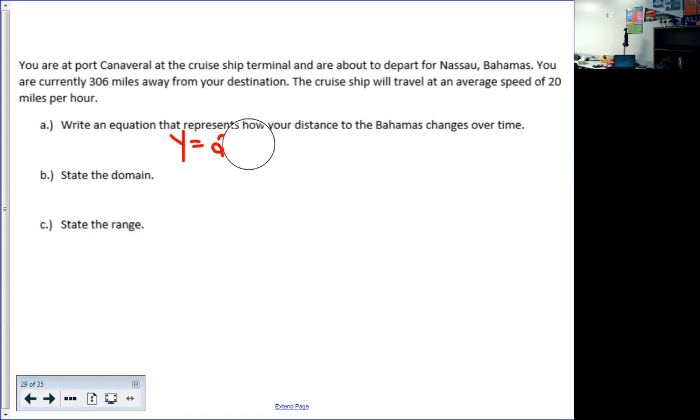Well, really, it should probably be 306 minus 20x, because we're at 306 miles, and we're subtracting how many miles we're going until we can get there. So yeah, that's the equation that we want on this one.